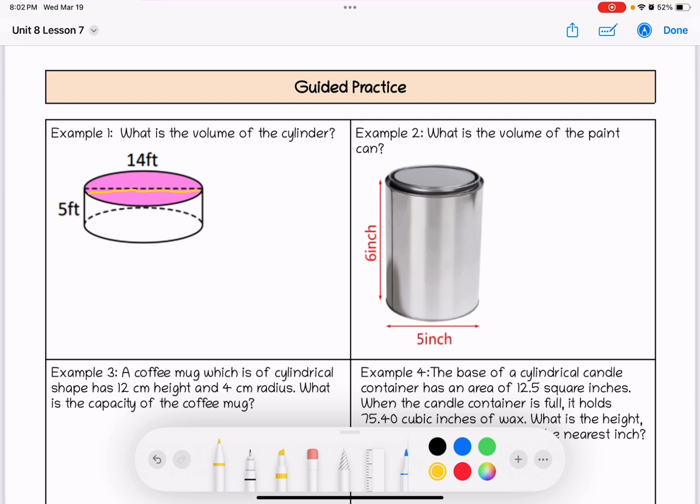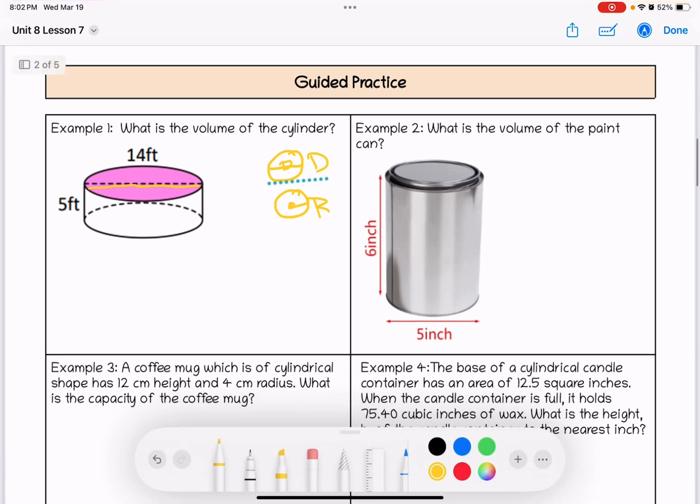Your diameter goes from left to right. Your radius goes from the middle out. So this one is the radius, this one is the diameter.